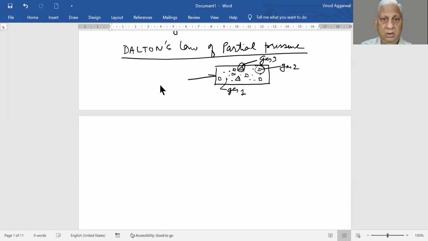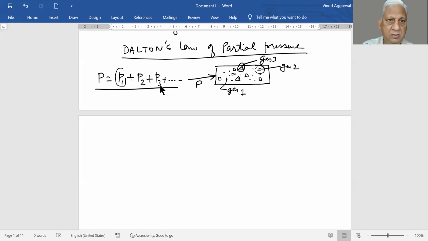And the total pressure here will be the sum of the individual pressures, which means that total pressure P in this vessel will be equal to partial pressure exerted by gas 1, plus partial pressure exerted by gas 2, plus partial pressure exerted by gas 3, and so on and so forth. This partial pressure of one is independent of partial pressure of the others.